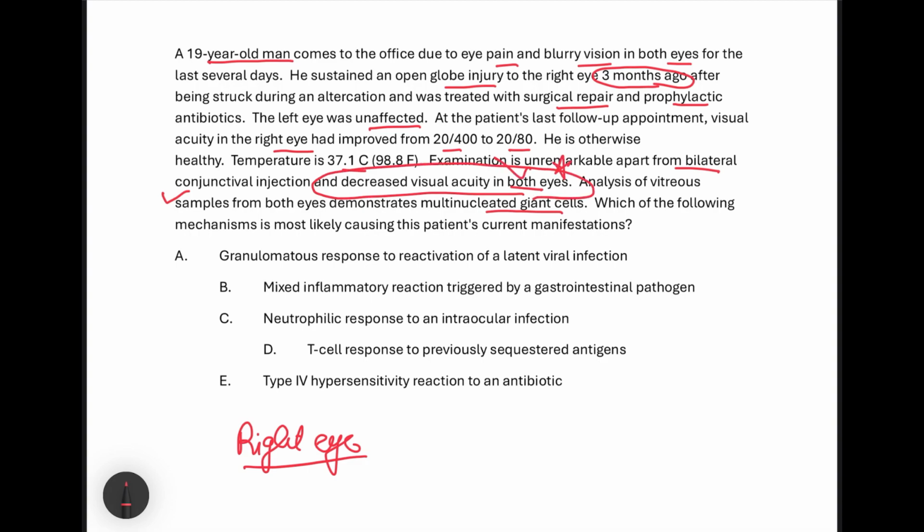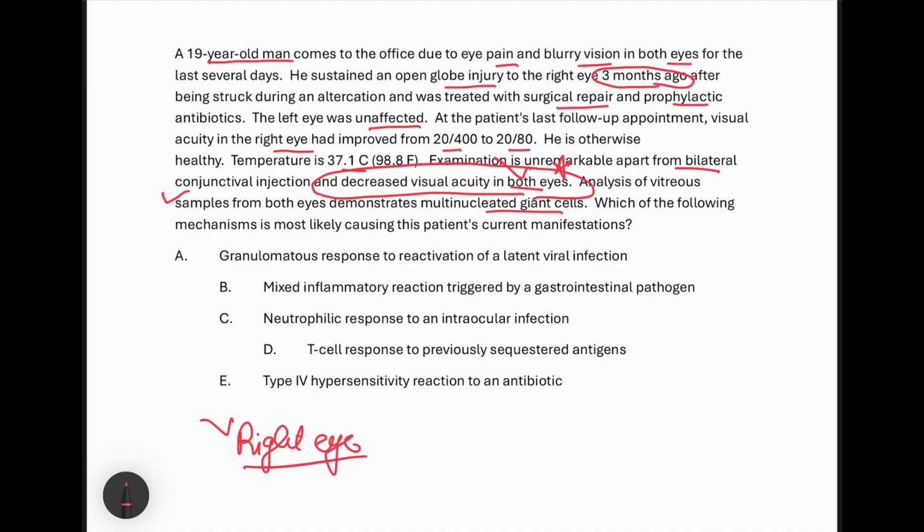Last time the injury was only in the right eye, but now there is a decrease in visual acuity in both eyes. What will be the mechanism? Edematous response, mixed inflammatory neutrophilic T-cell response, or type 4 hypersensitivity.